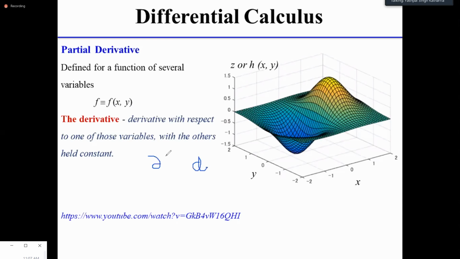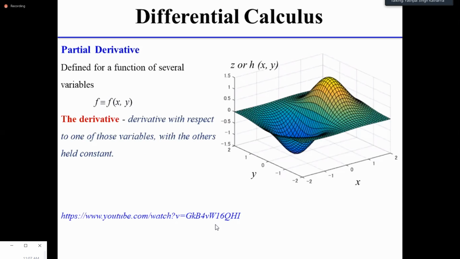So the partial derivative of function f with respect to y, keeping x and z constant, is written as del f over del y, instead of df over dy, which represents the ordinary derivative or full derivative, as you call it. So in case of partial derivative, when you take that of a function, you consider all other variables to be constant. You take the derivative with respect to only one.